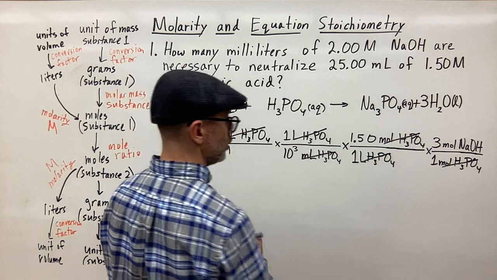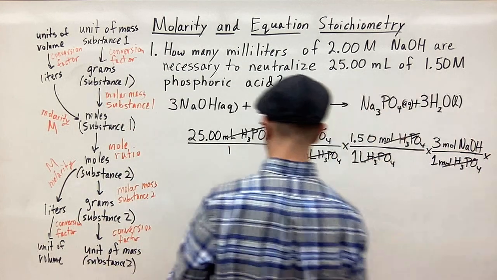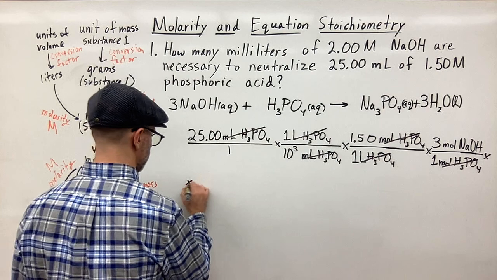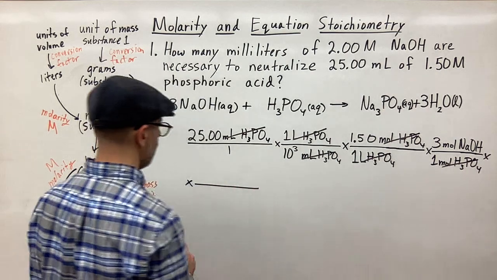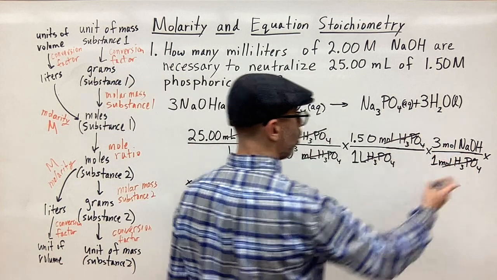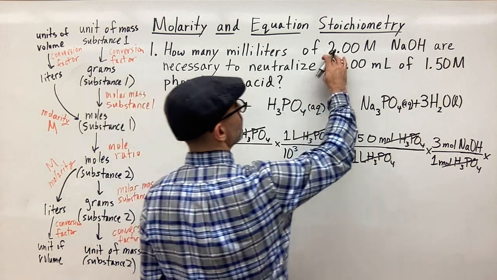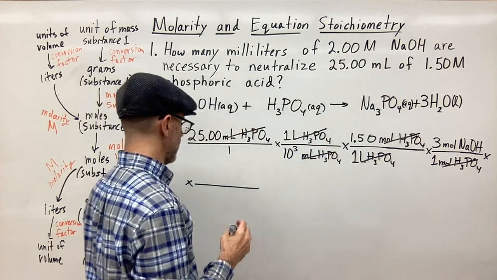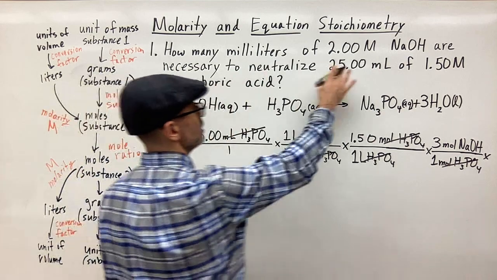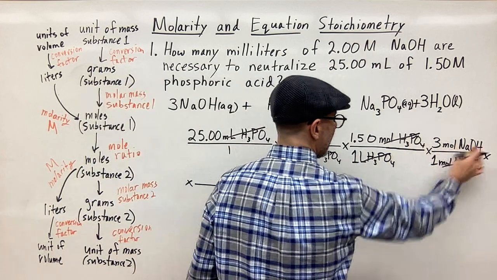So I'm going to continue down here. So we're going to multiply by the other conversion factor. So moles. I want to go from moles to liters. So I need a volume, and that's where the molarity of my NaOH comes in now. So that's 2.00 moles per liter. So I have moles on the top here.